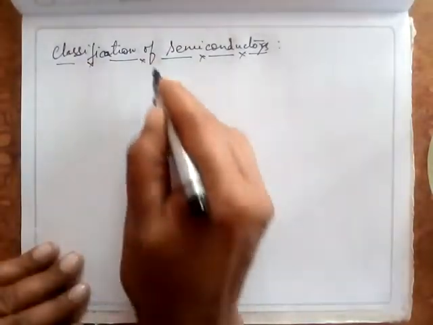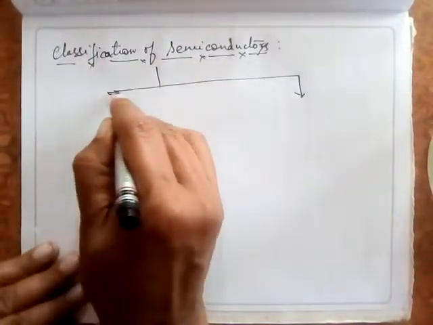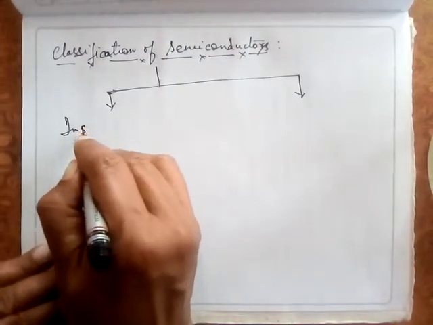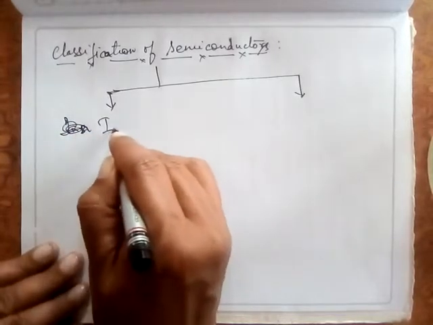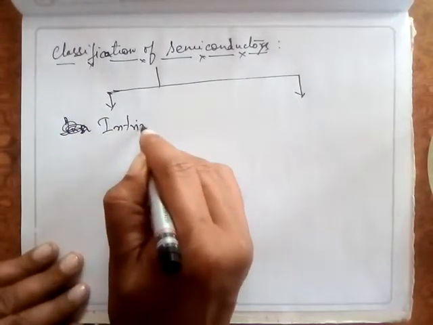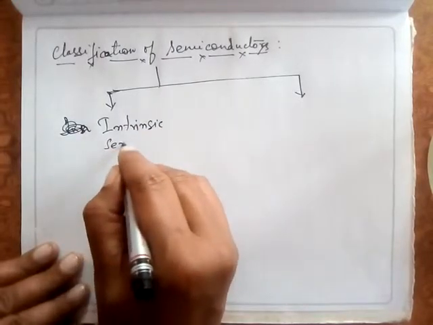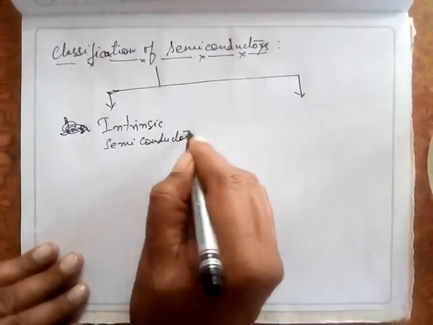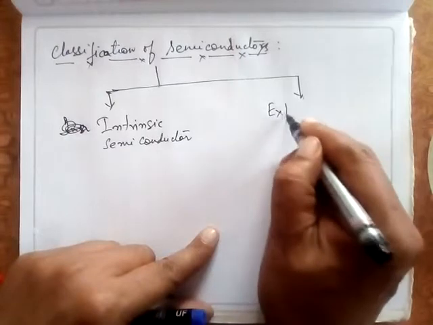Now these semiconductors are classified into two categories. First is called the intrinsic semiconductor, and the other is called the extrinsic semiconductor.